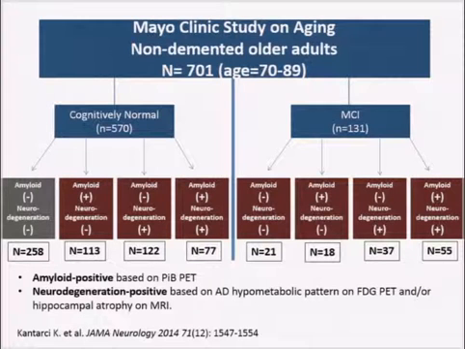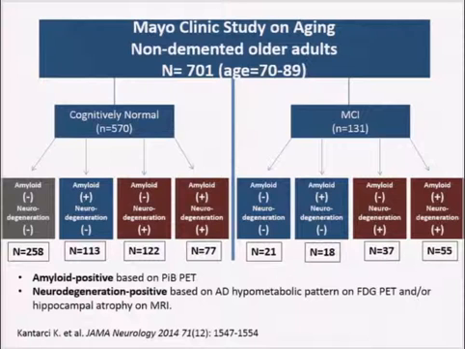When we compared each one of these groups in the MCI and cognitively normal individuals to this control group, we found that the amyloid positive groups that do not have neurodegeneration and the biomarker negative MCI group were not different from our control group in terms of FA changes on DTI images.